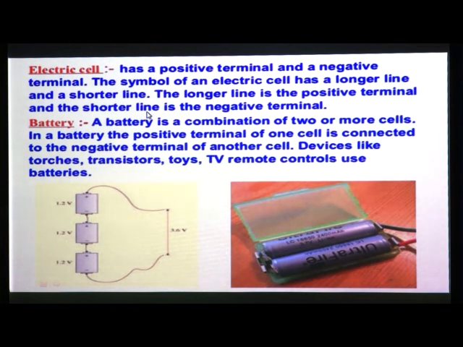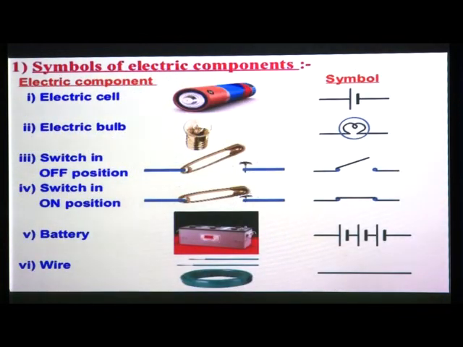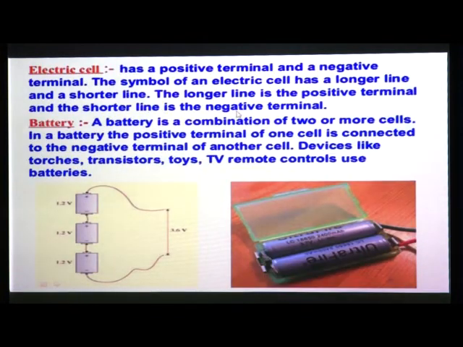So the symbol of an electric cell has a longer line and a shorter line. The longer line is the positive terminal. See, the symbol of an electric cell has a longer line and a shorter line. So in this symbol you can see this is a longer line and this is a shorter line. What are they showing?